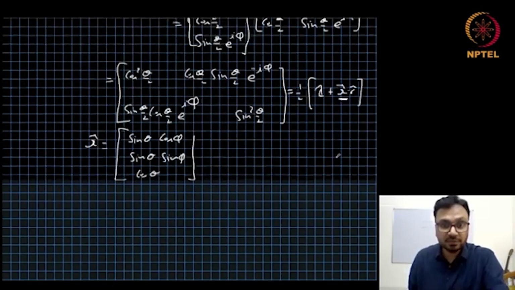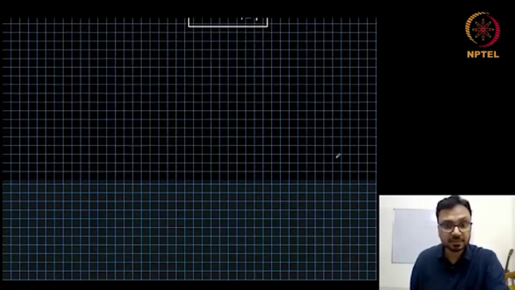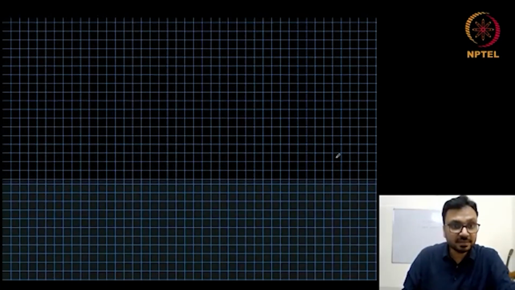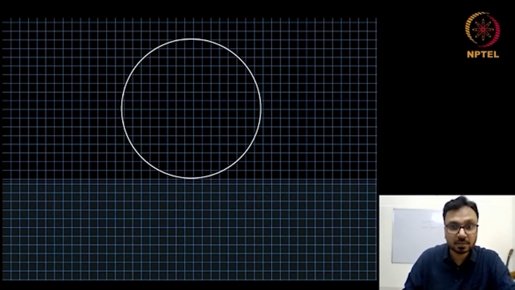So in this Bloch sphere, let me draw it again here, probably a little bigger this time. And we have the z-axis, y-axis, and x-axis.